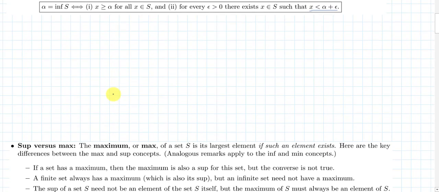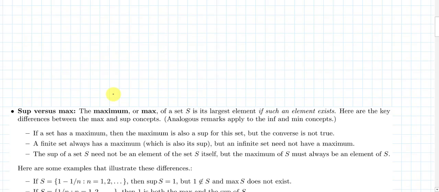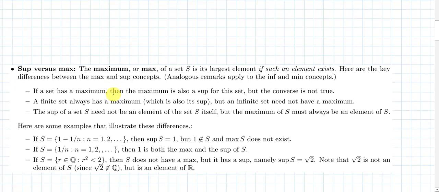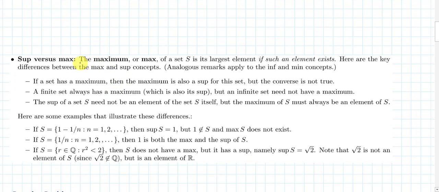And now maximum and minimum. The maximum, or just max, of a set S is its largest element if such an element exists. So what is the difference between maximum and supremum?